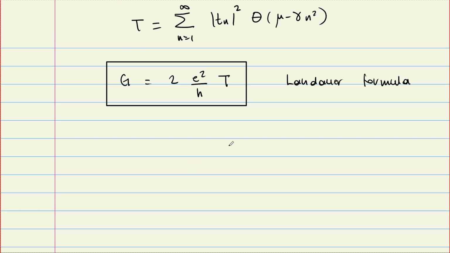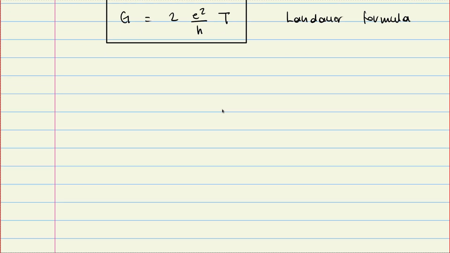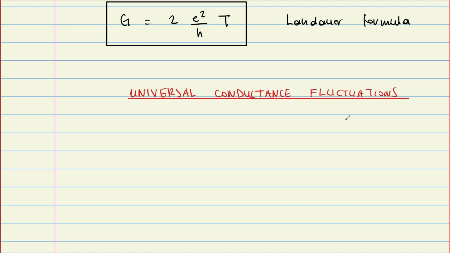Now I want to consider the case of this single impurity in a little bit more detail, maybe more than one impurity, and demonstrate something called universal conductance fluctuations. So the setup is something like that.